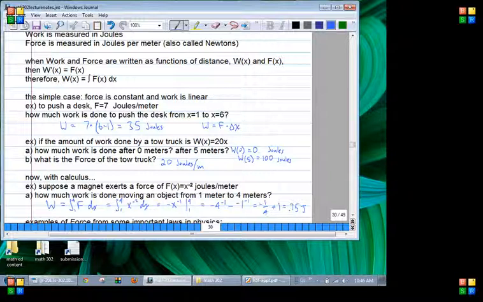To be specific, the derivative with respect to distance. When you integrate x to the negative 2, it's a power rule, so you add 1 to the exponent. Negative 2 plus 1 is negative 1.